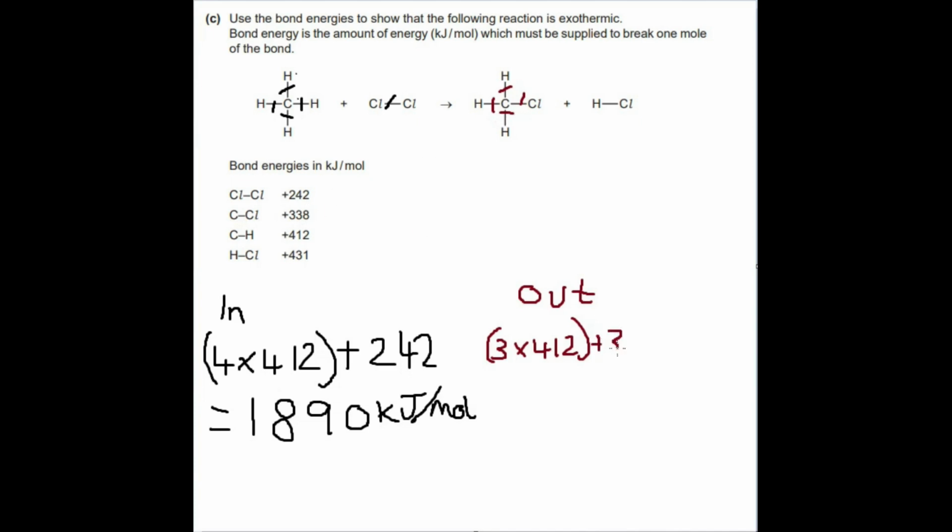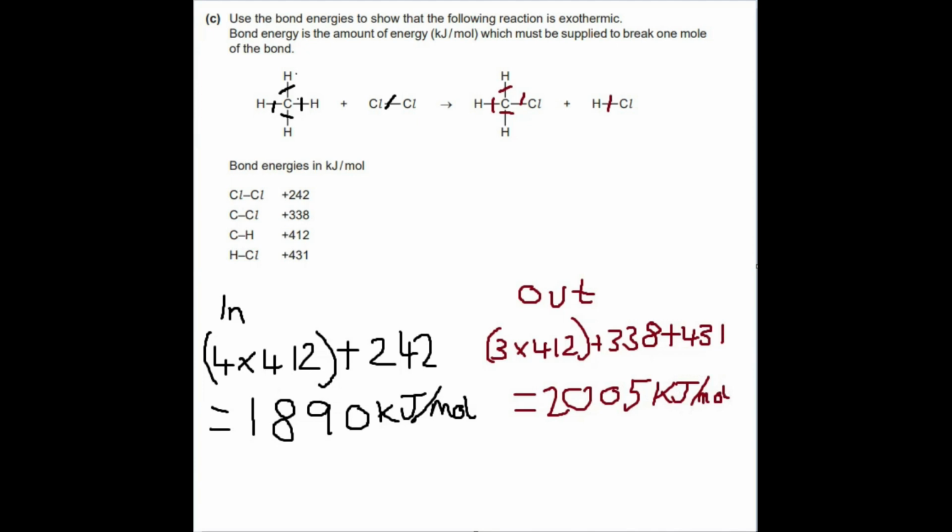So plus 338, plus this H-Cl bond here, so plus 431. So the total energy out is 3 times 412 plus 338 plus 431, which gives me 2005 kilojoules per mole.